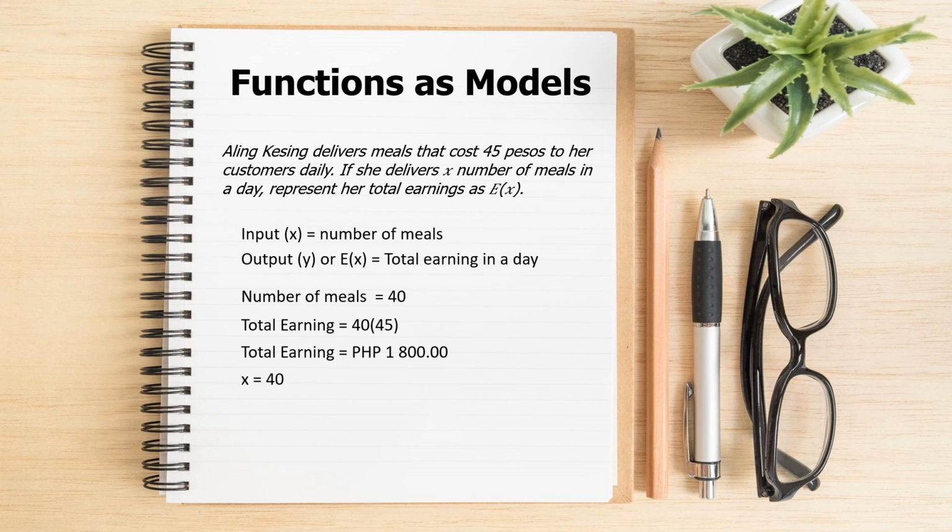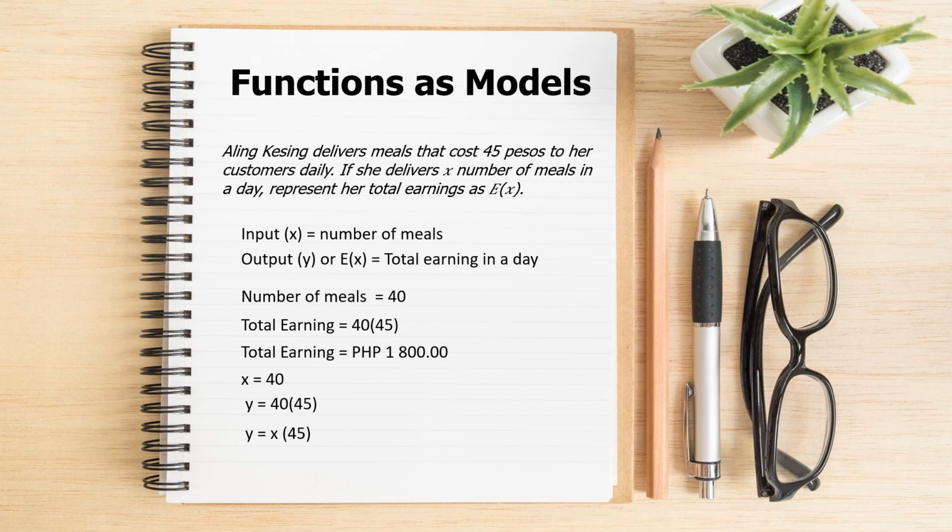When your x, which is the number of meals, is 40, your y, which is your total earning, will be 40 times 45. So in mathematical symbol, we have y equals x multiplied by 45.